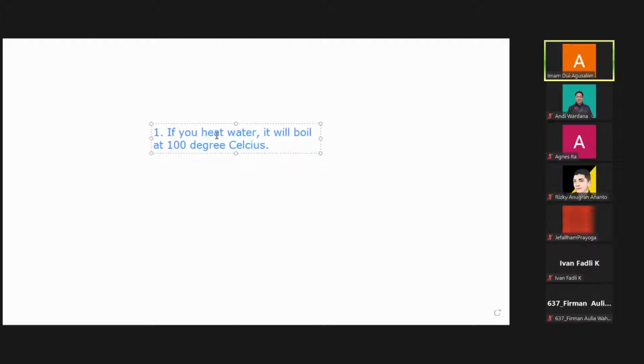Oke. If you heat water, it will boil at the temperature at 100 degrees Celsius. Okay, and then the second one. The second conditions, yeah. If you talk about something that is not real, okay.